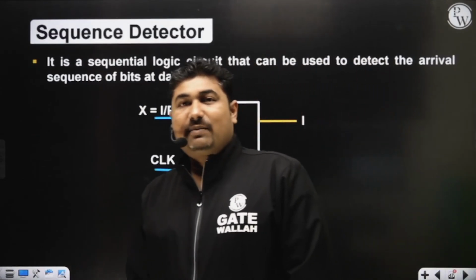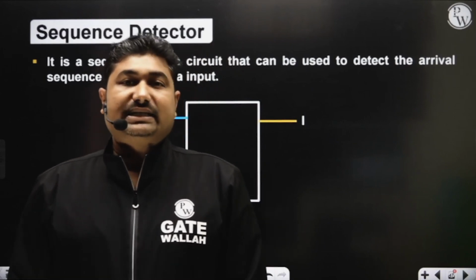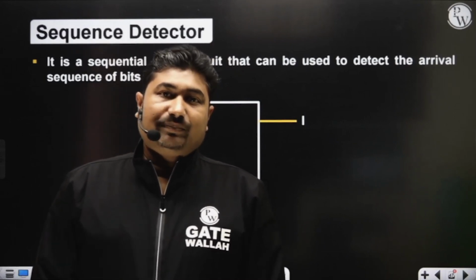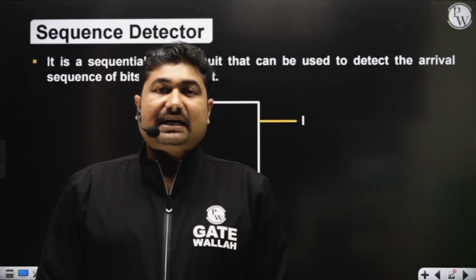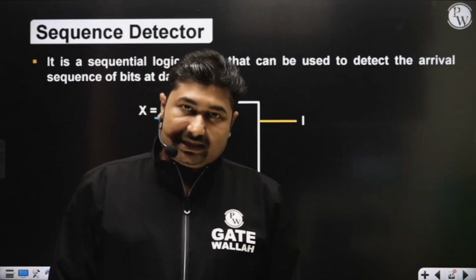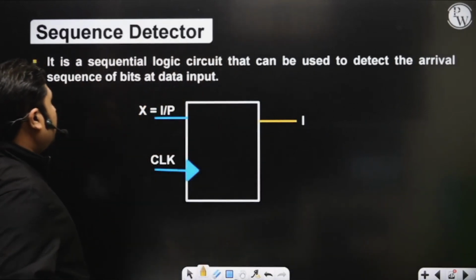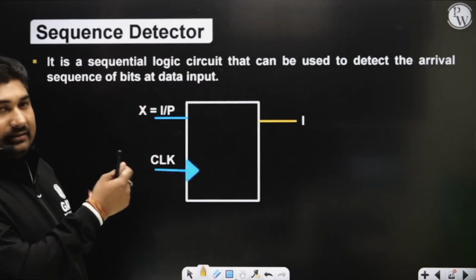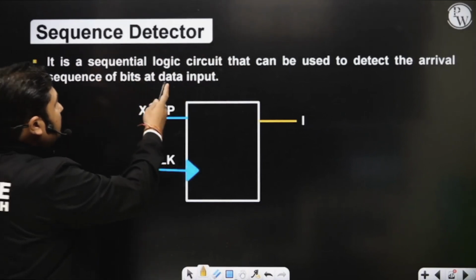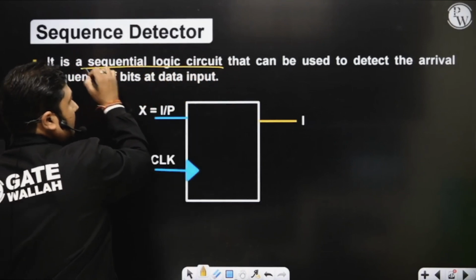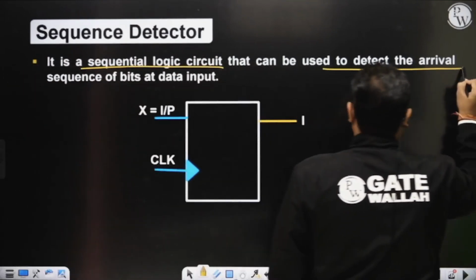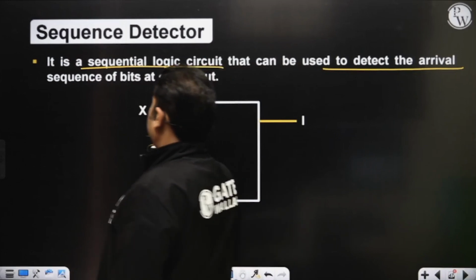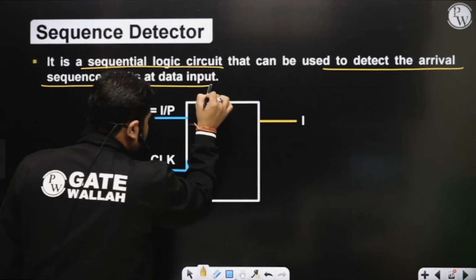So now I am going to design one sequence detector for you, so that you will be able to understand how to design any sequence detector. Please see, what is a sequence detector? A sequence detector is a sequential logic circuit that can be used to detect the arrival sequence of bits at the data input.